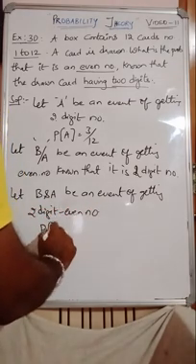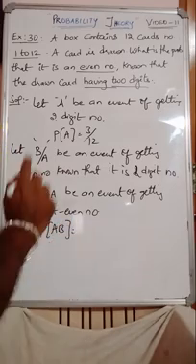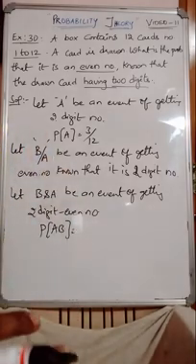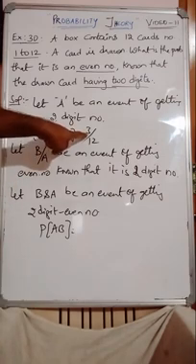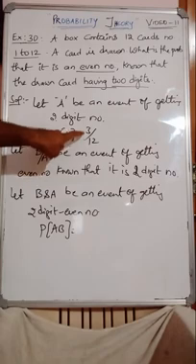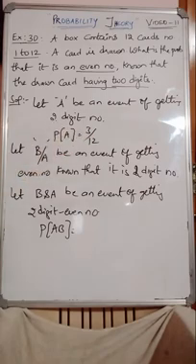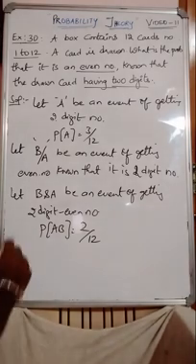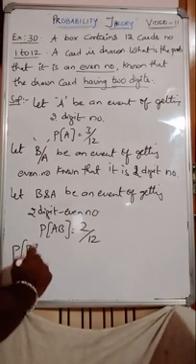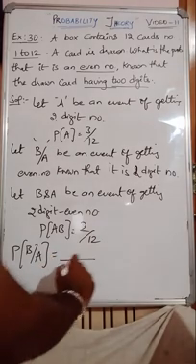Therefore, probability of AB: 2-digit even numbers. 10, 11, 12 are generally the 3 2-digit numbers. Out of those 3 2-digit numbers, even numbers were 10 and 12. So 2 by 12. Therefore, probability of getting B given A equals, known part is A.